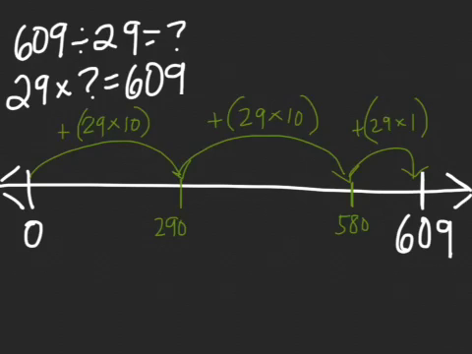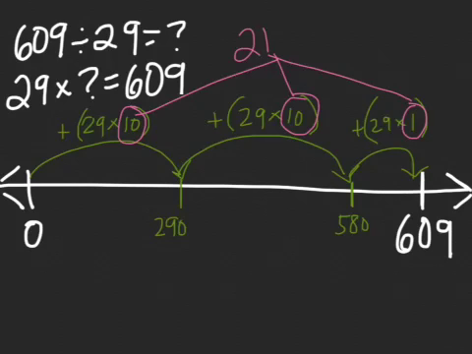And the answer can be found in the same place as before. 10 classrooms here, another 10 classrooms here, another 1 classroom at the very, very end for a total of 21 classrooms. So in this case, we showed that 29 times 21 equals 609. And that's a little bit about how the number line can be useful for 5th grade multiplication and division.